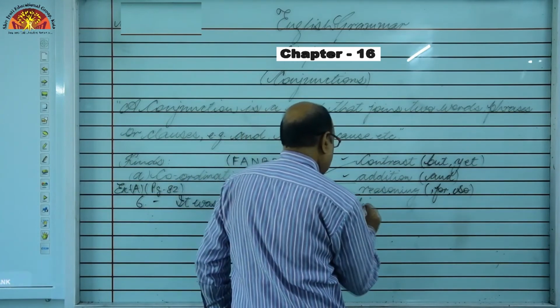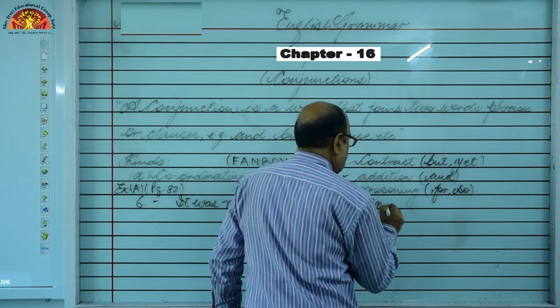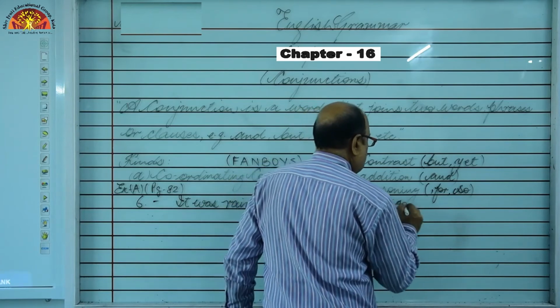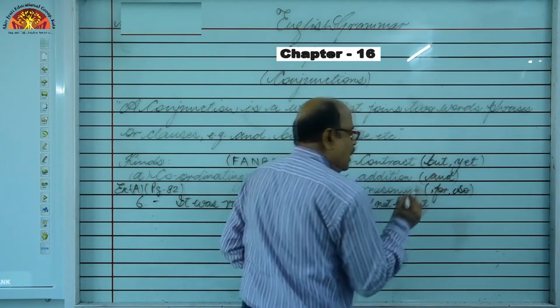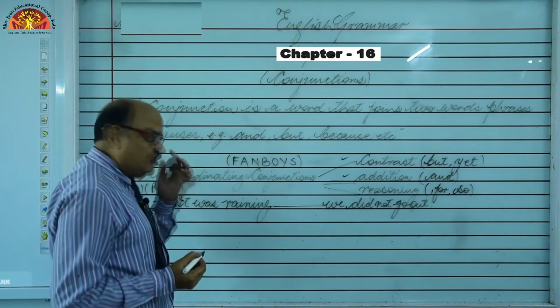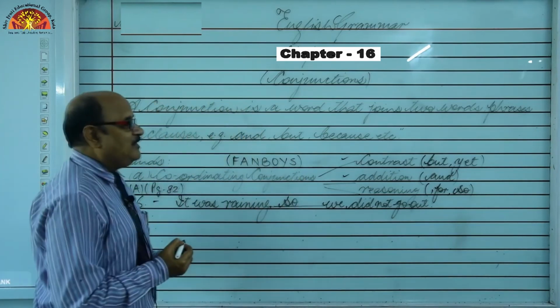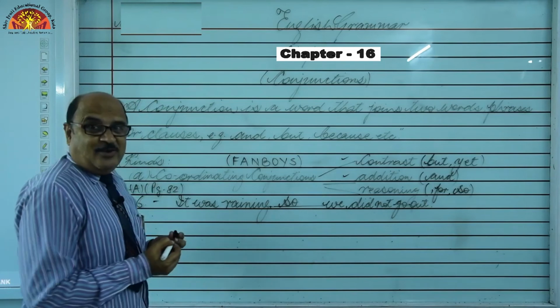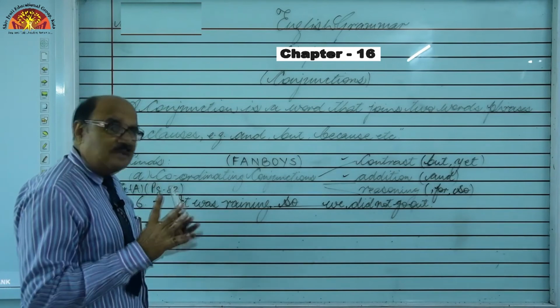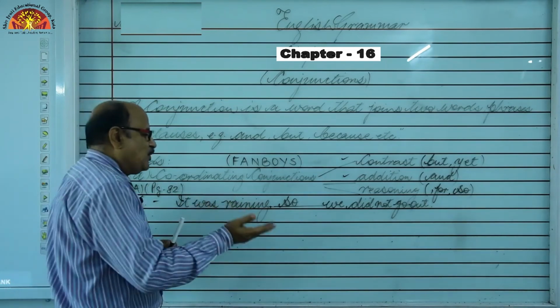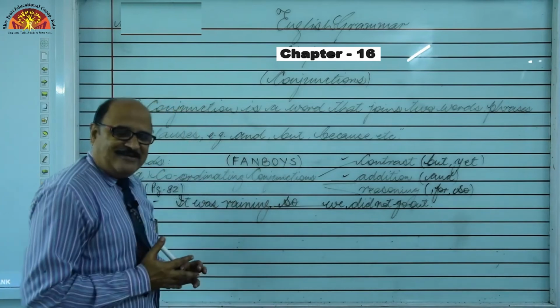We did not go out. So, what do you think? Obviously, so can be there, right? So, we did not go out, right? That is why we did not go out in this way. So, this is coordinating conjunction.